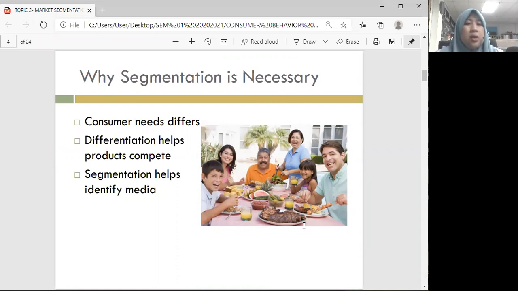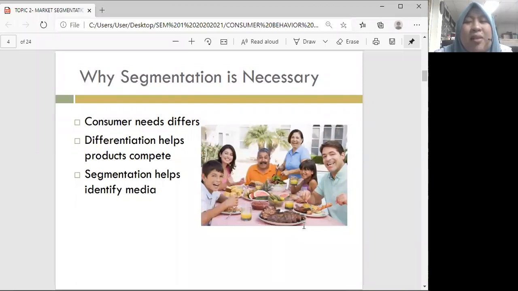When we talk about segmentation, if you look at your fingers, your fingers also have different heights and weights, right? Different sizes and different heights. So number one, consumer needs differ. By hook or by crook, consumer needs are different, and the difference makes the consumer very unique. We have to bear in mind that differentiation makes life colourful. When there are many differences, actually the differences beautify life.